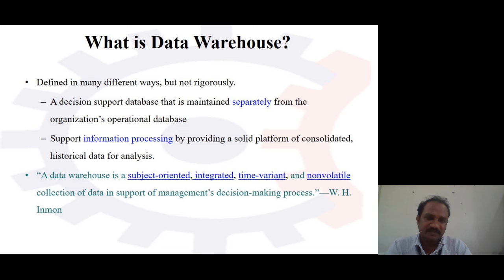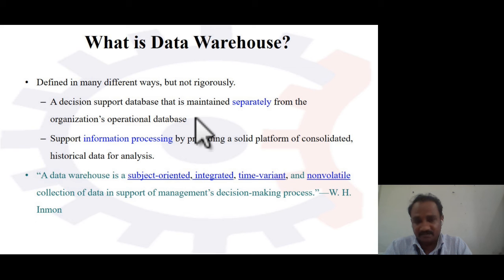Data warehouse can be defined in many different ways on the basis of its uses in organizations. So the very first definition of data warehouse is a decision support database that is maintained separately from the organization's operational database. See here, in this definition, operational database is one thing and decision support database is a different thing.